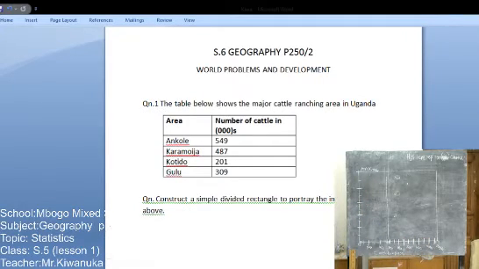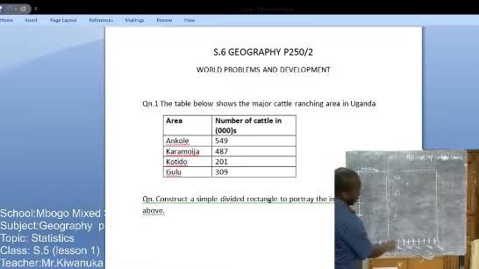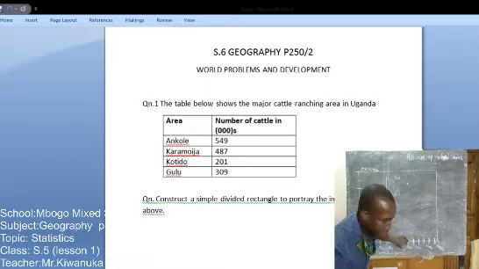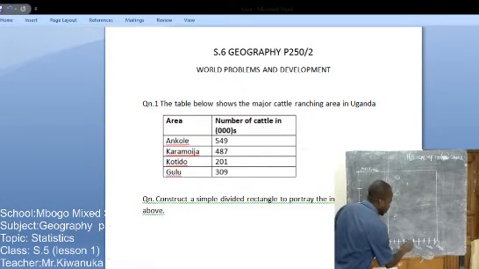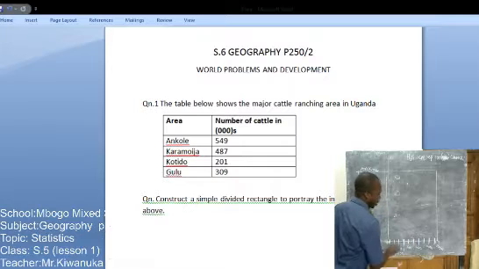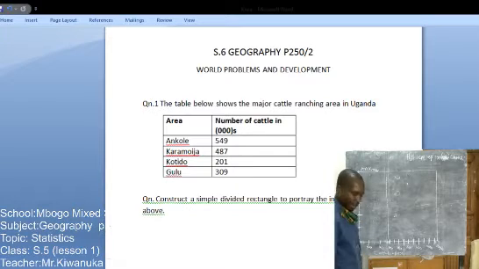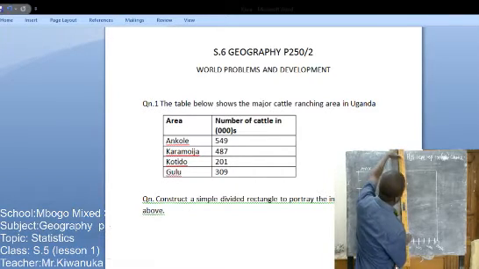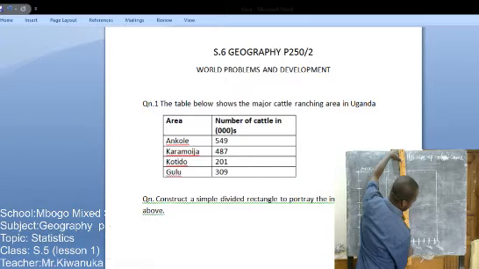These are 2, 4, 6, 8, 10. Yes, the answer is 10.36. We have agreed that each small box is measuring up to 0.2. So 0.2, 0.4, 0.3 is going to be in between there.